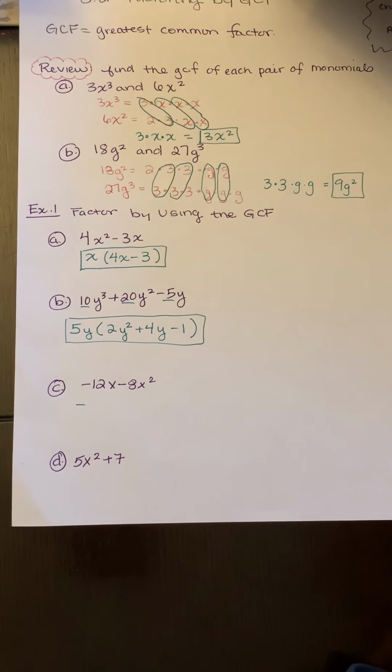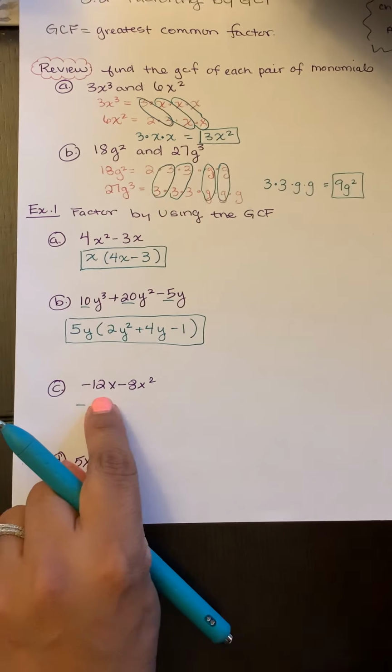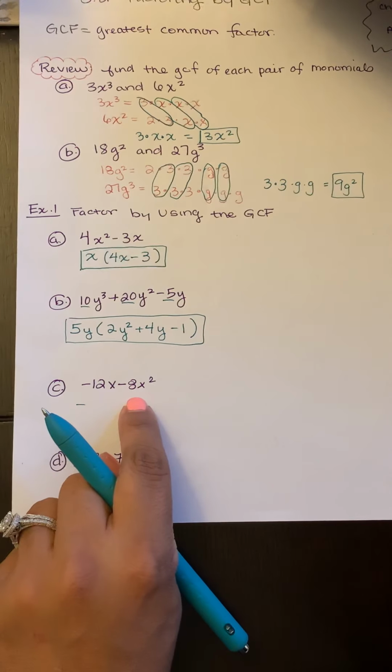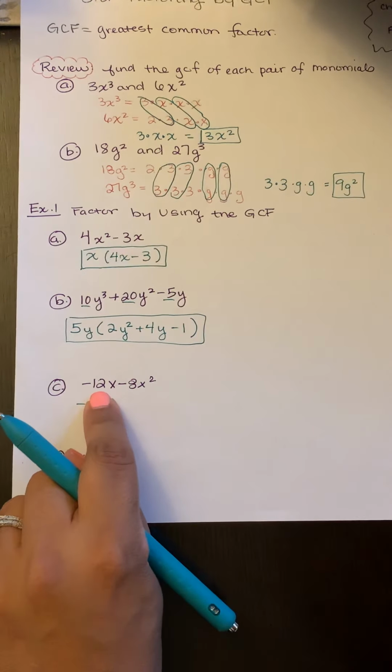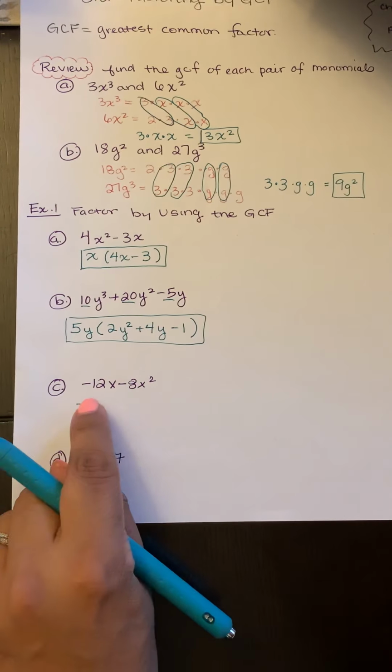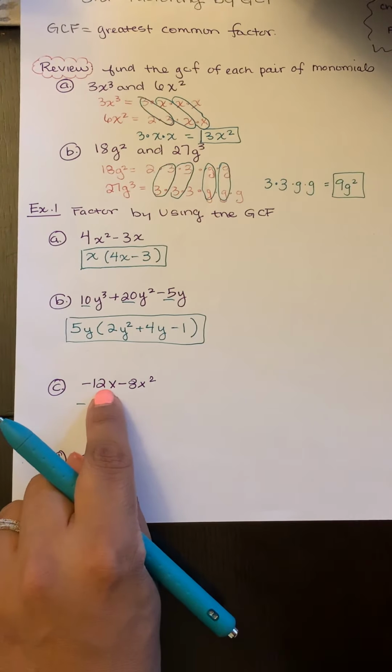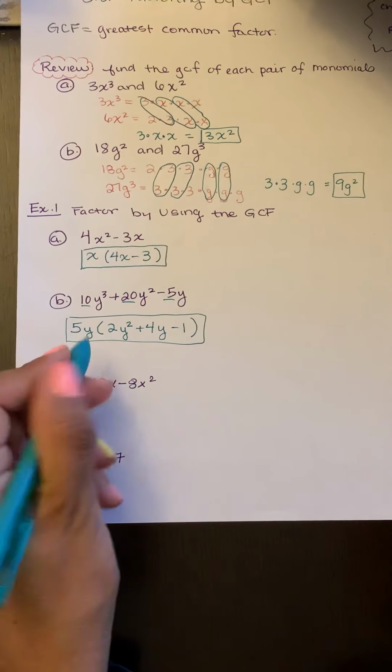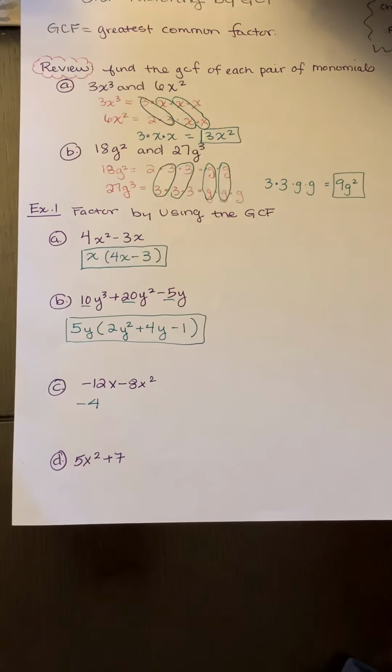I'm thinking 2 can go in, but we want our greatest common factor. So we can go a little bit higher. What about a 4? 4 can go into 12, 4 can also go into 8. What about an 8? Can 8 go into 12? It can't. 8 can go into 8, but not into 12. So your greatest common factor would be negative 4.